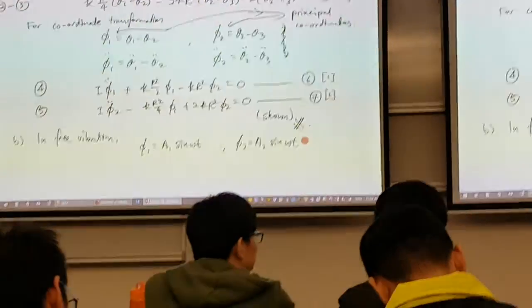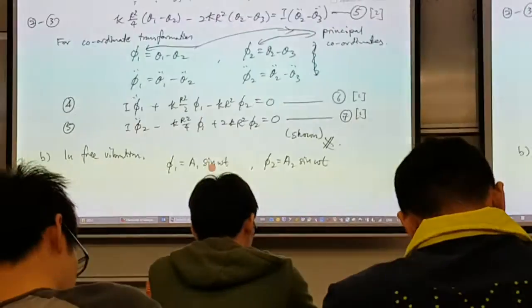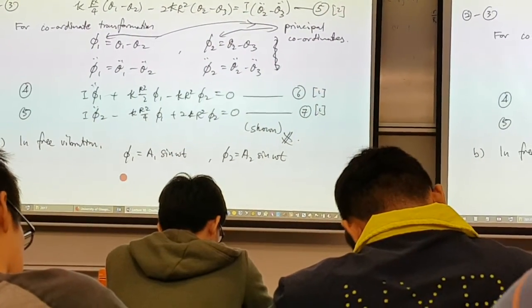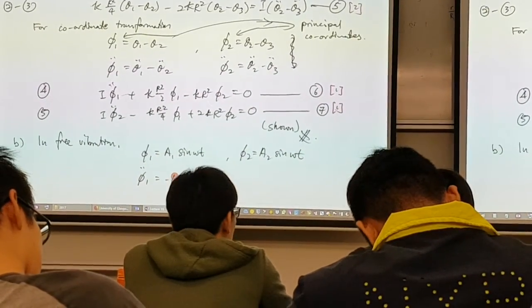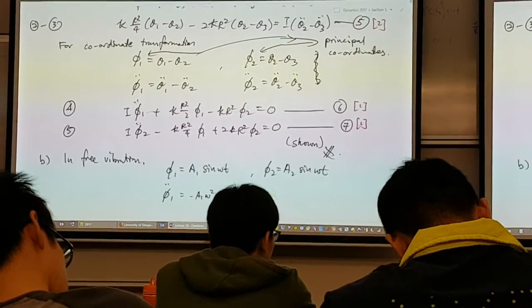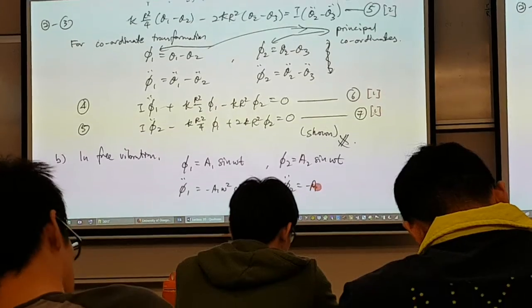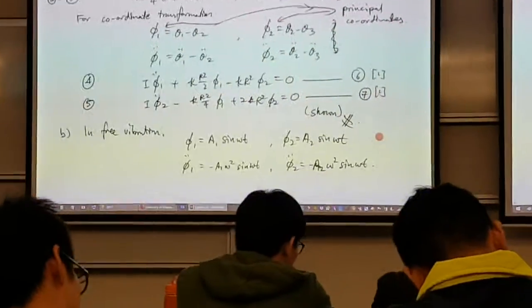If you look at your system, as it oscillates, you will have a sinusoidal oscillation. So differentiating it 2 times, minus a1 omega squared sine omega t. Differentiate 2 times, a2 omega squared sine omega t.